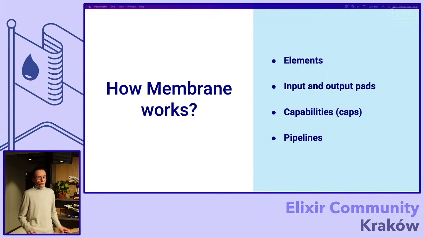Pipelines are just the connection of these elements. We define the order in which these elements interact with each other, like passing some data and so on. So Membrane, simply put, has 4 big parts: elements, paths, capabilities, and pipelines.